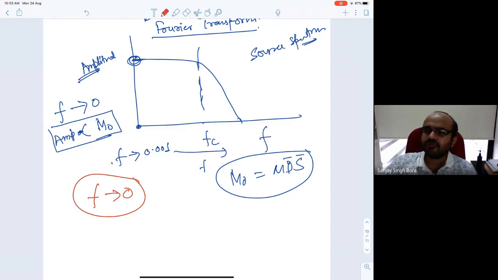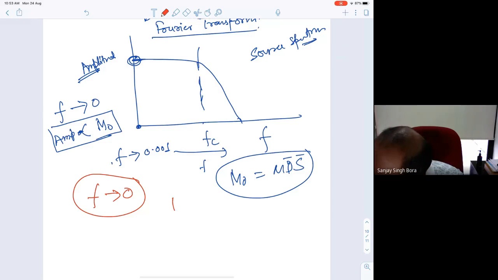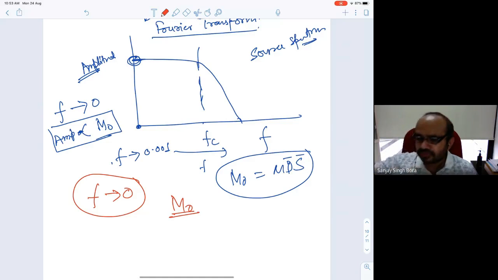For any earthquake, whether magnitude 3, 4, 6, 8, 9, or 10, when you measure it at f tending to 0, at very, very small frequencies, your magnitude will never saturate because it will always be capturing M0. Essentially, we want to catch M0 because M0 is giving you the size of an earthquake.